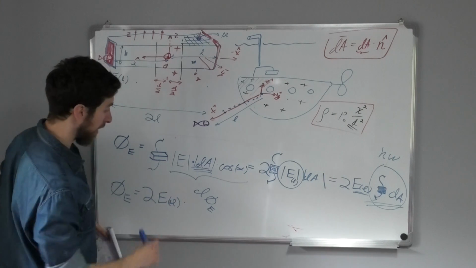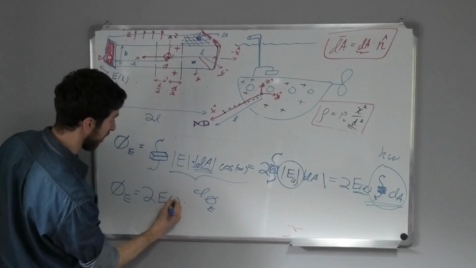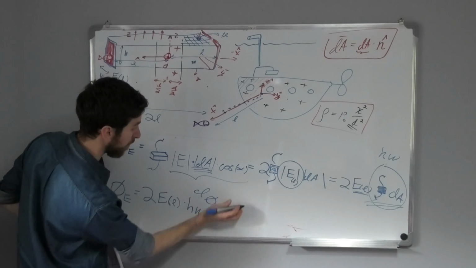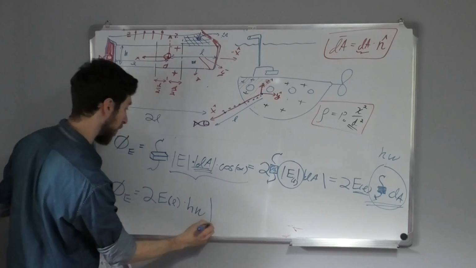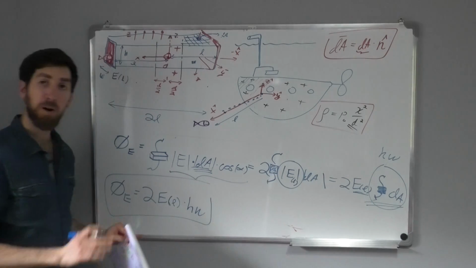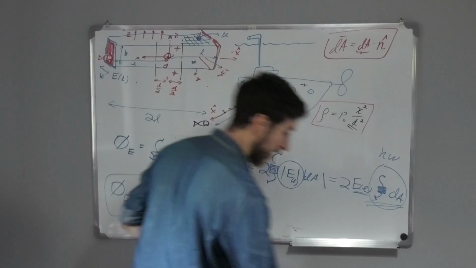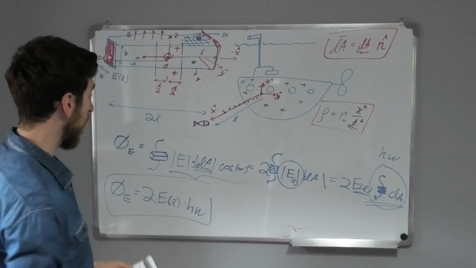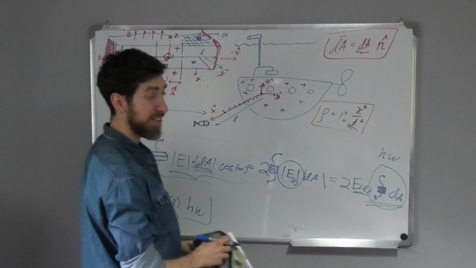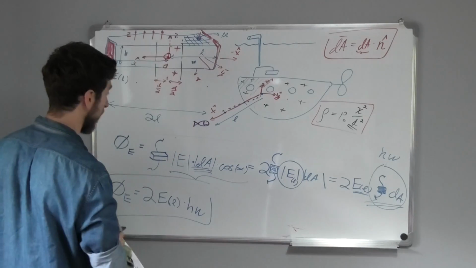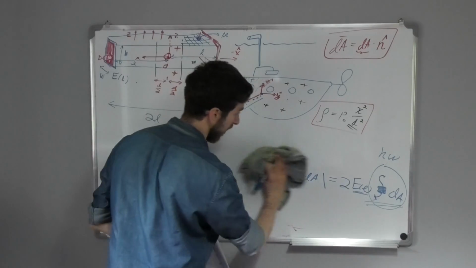E of L multiplied by HW. So we found the first part of Gauss's equation. The second part of Gauss's equation is calculating the other side. We said it's the sum of the charge inside this box. So I cancel this out.